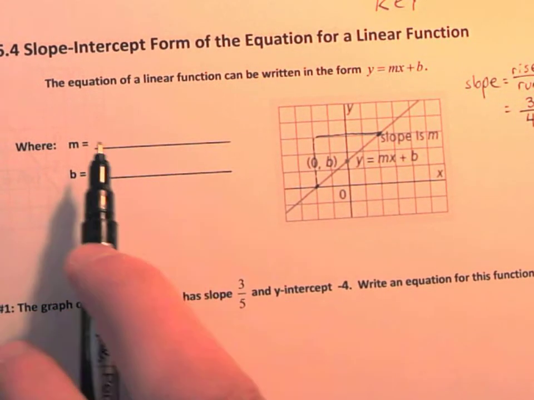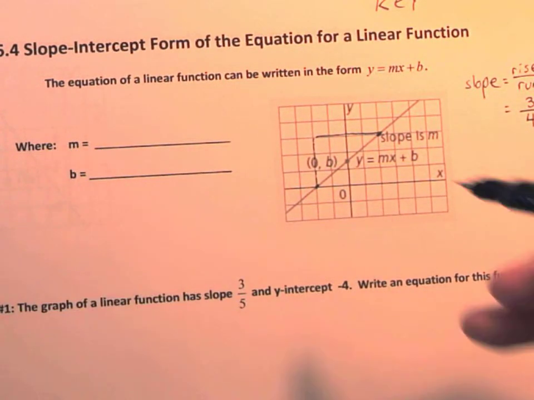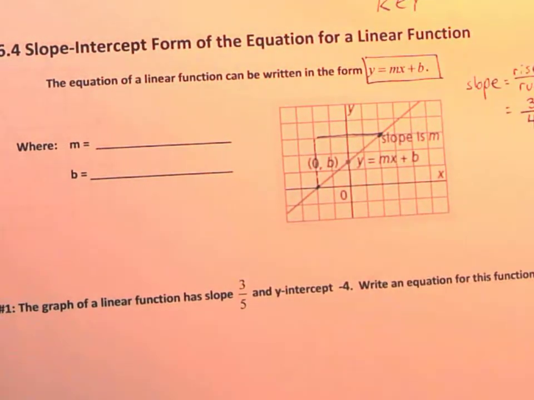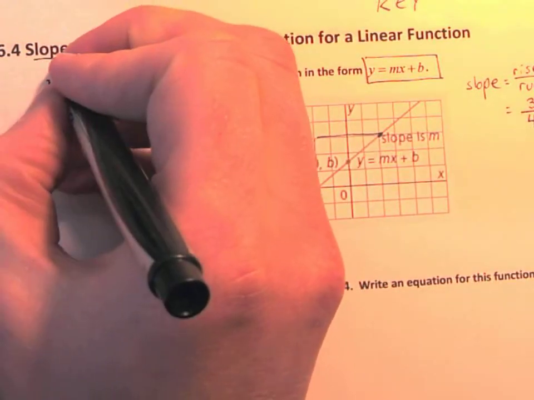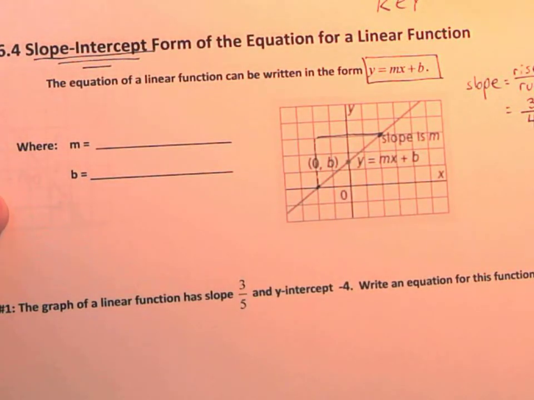And so generally in this kind of lesson, just like last class, this one is one of the most important lessons that you can have in math, is learning this equation here. It's called the slope-intercept equation of a linear line.